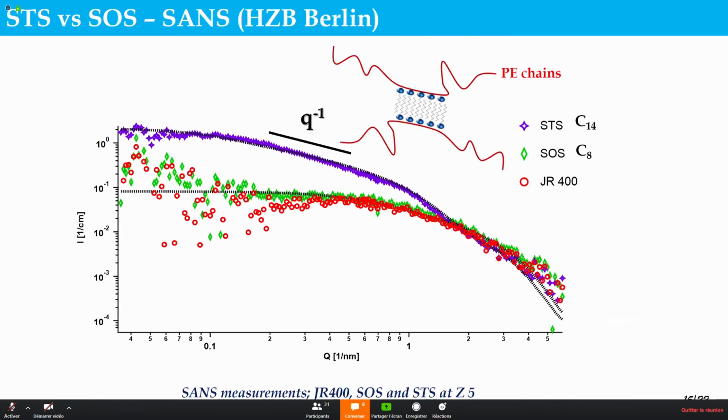What I can reply is that I didn't only measure the samples with the rod-like aggregates, but I also measured the samples in which I have a lot of surfactant. If I compare the two curves, with the sample in which I have a lot of surfactant, I can see that I have spherical aggregates there. I can really see the difference between spherical and cylindrical.